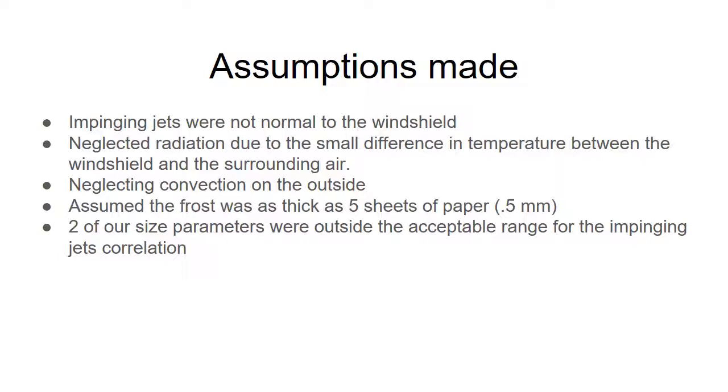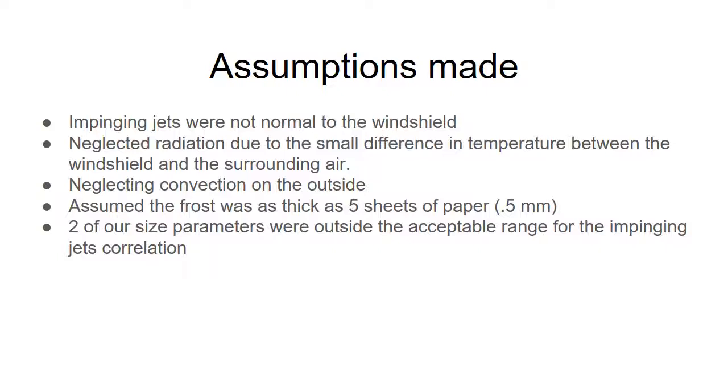We neglected radiation due to the small difference in temperature on the outside, and we also neglected convection on the outside because we did take those temperatures and calculate those values, but they were negligible compared to the heat transfer from convection on the inside. Another assumption was that the frost was about 5 sheets of paper thick. Some of the mornings we did this, there was fairly thick frost, so we thought 0.5 millimeters was a good assumption.